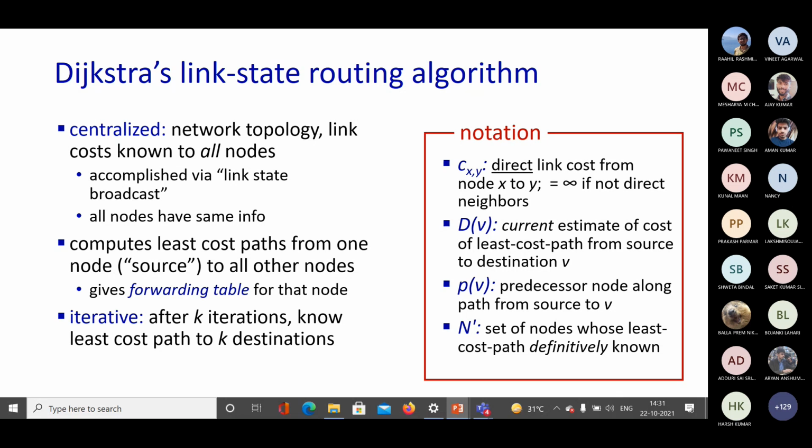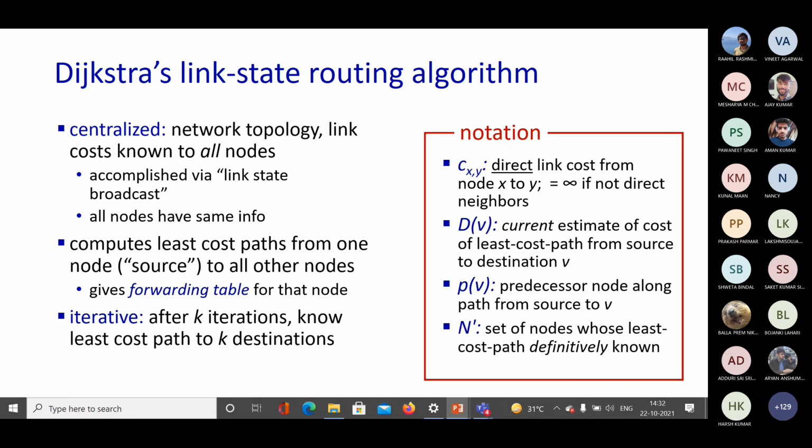All right. So here, if a pair of nodes are directly connected, then you have the cost as the edge weight, and if they are not directly connected, then the cost is given as infinite. Okay. Then you have D(v), which is nothing but the current estimate of the cost of the least cost path from source to the destination being v.